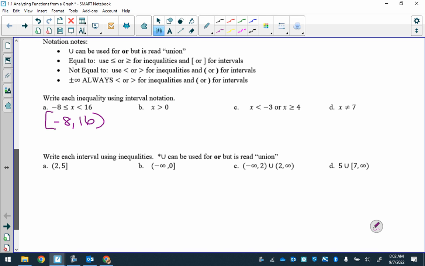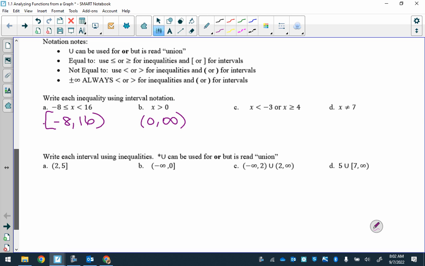Good job. Okay. So the bracket because it's equal to, parentheses because it's not. All right. Now we have x is greater than 0. How would I write it in interval? Go ahead, Liz. Good. And what would they have? Careful. Both parentheses because it's not equal to. Okay. Good. Excellent for remembering that.